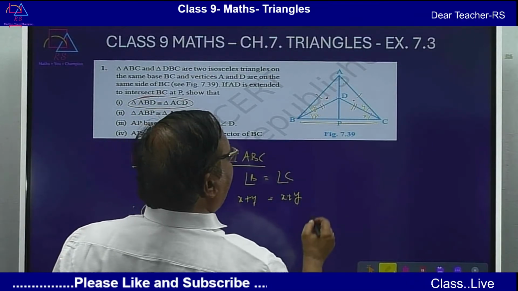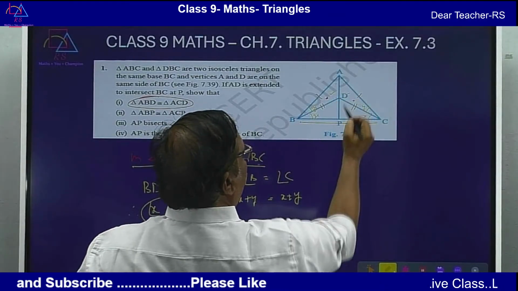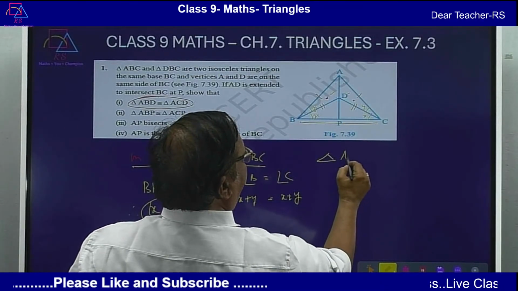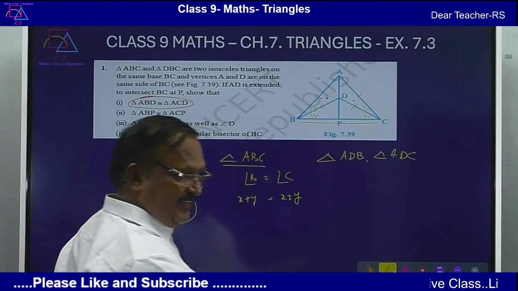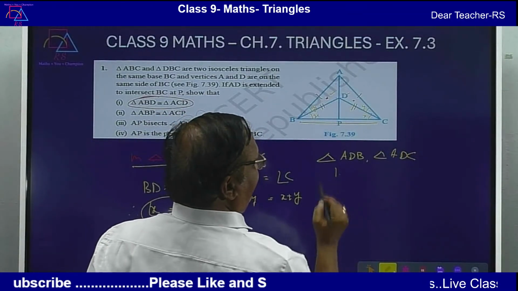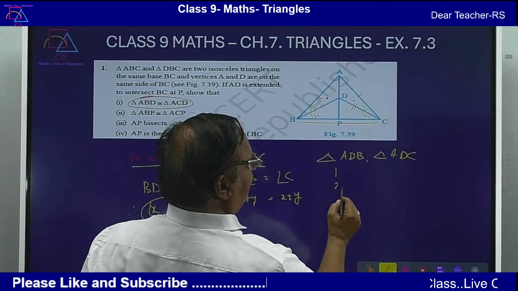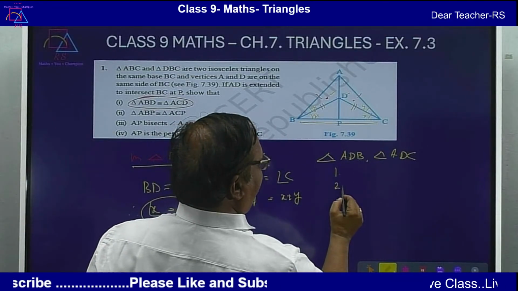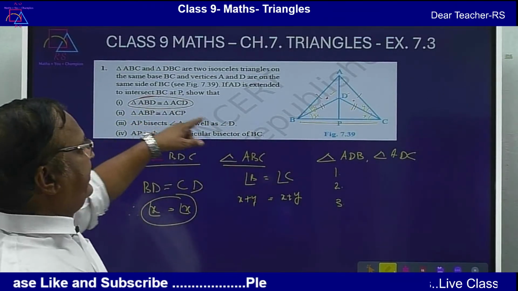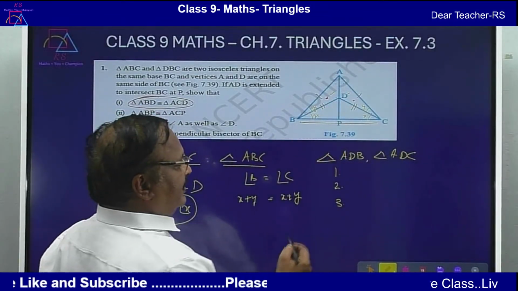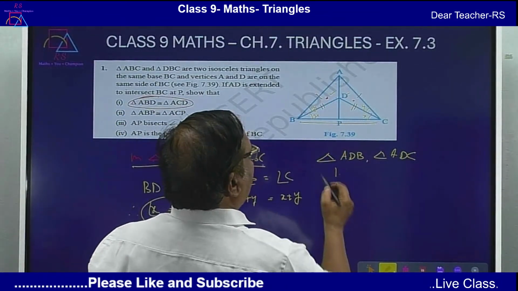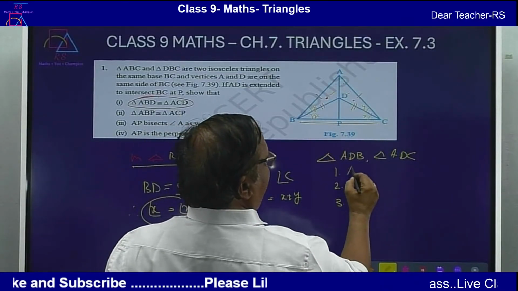So then if you take these two triangles now, that means triangle ADB and triangle ADC. Now list out equal parts. Tell me what are the equal parts in these two triangles, because we have to prove ABD, ACD. That means these two triangles are congruent. So now tell me what are the equal parts. AB is equal to AC.